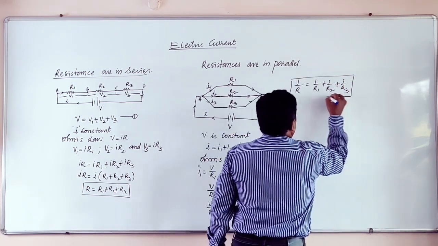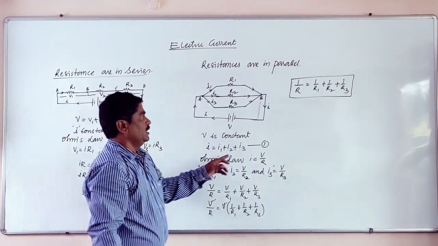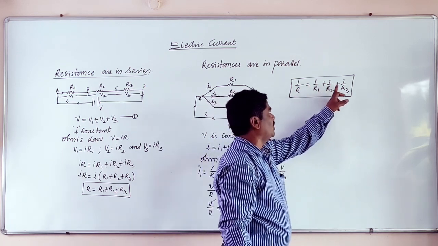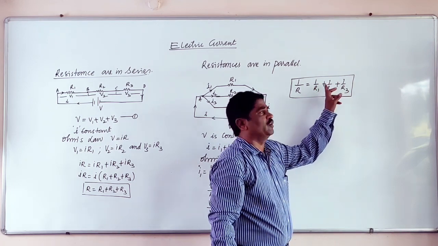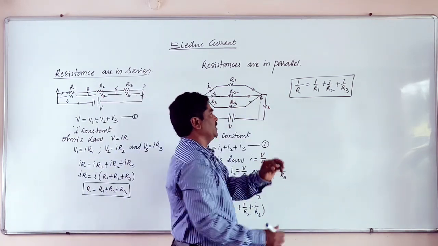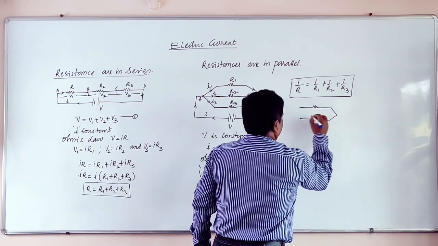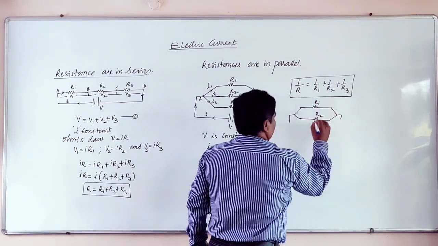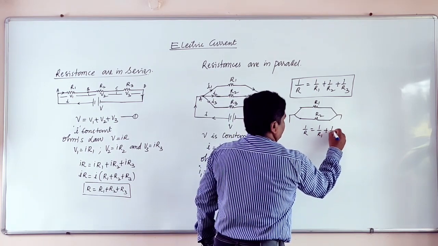So whenever more than two resistors are connected in parallel, the reciprocal of the effective resistance is equal to the sum of the reciprocals of the individual resistances. If only two resistors, R1 and R2, are connected in parallel, then 1 by R is equal to 1 by R1 plus 1 by R2.